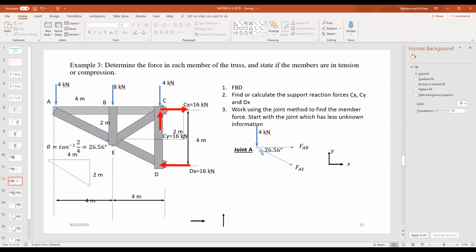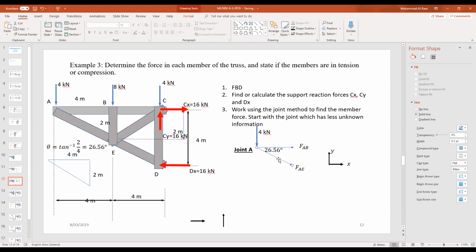So that point is joint A. Now, what's next? Next, we need to do summation of forces in X and Y. So technically, this one could be analyzed with cosine and sine. That's what we needed, the angle.